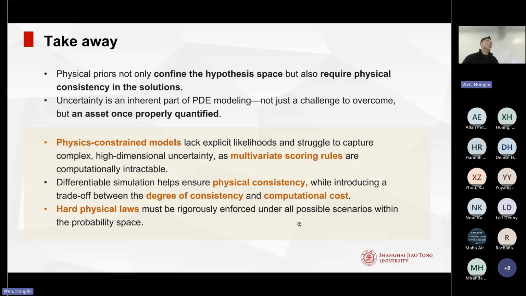Yes, yes. So I mentioned, when we talk about uncertainty, there are a lot of sources of uncertainty. The reason why I talk a lot about the initial conditions is just because it's widely used in the weather forecasting area. But you're right, the hyperparameters of the PDE can also be random. That is why they call it a random PDE.